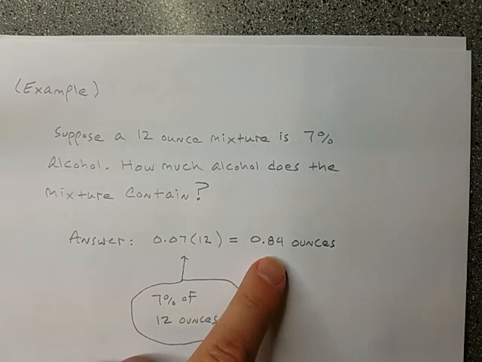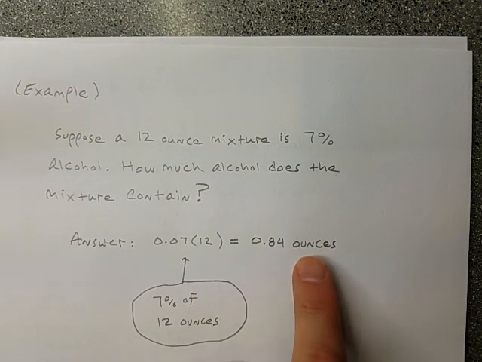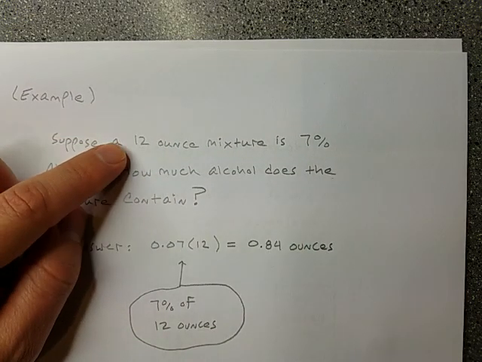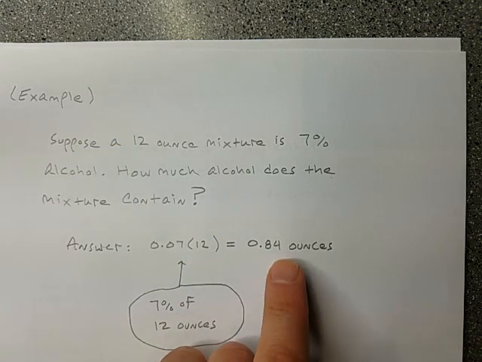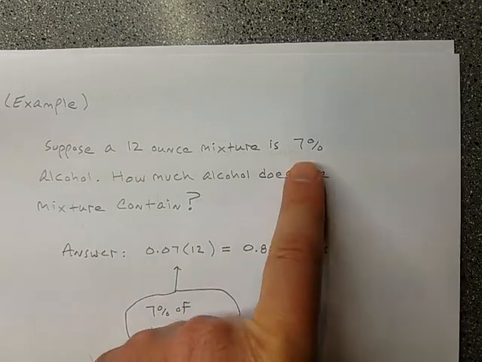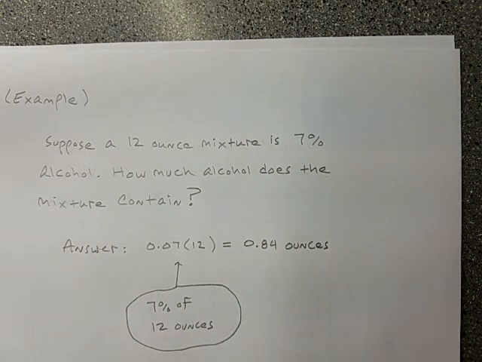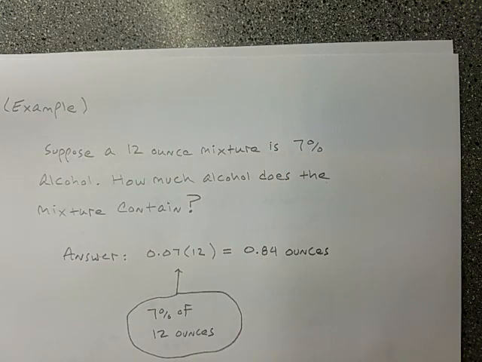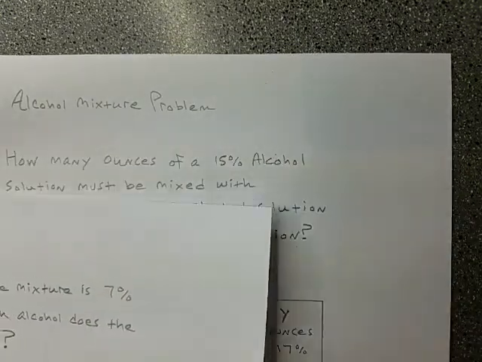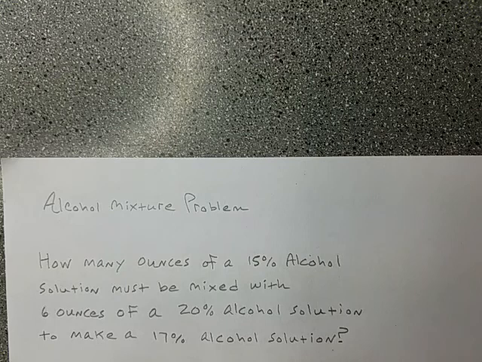When you do the math, that's 0.84 ounces. There's a 12-ounce mixture, but 0.84 ounces of it is alcohol. That makes it 7% alcohol, all right? Okay, so now you know what the percents mean. You have a way to translate those and understand what the information is.